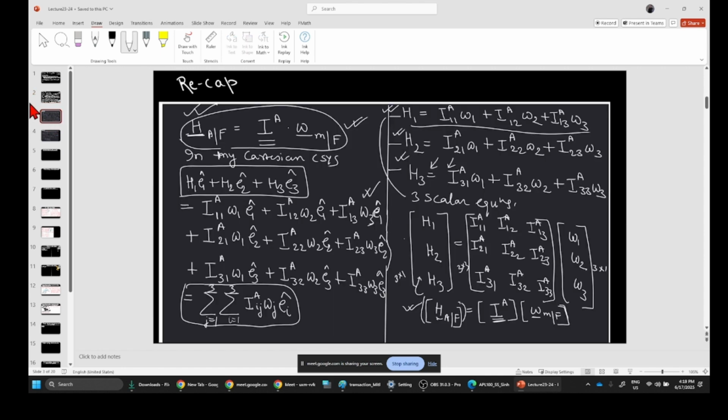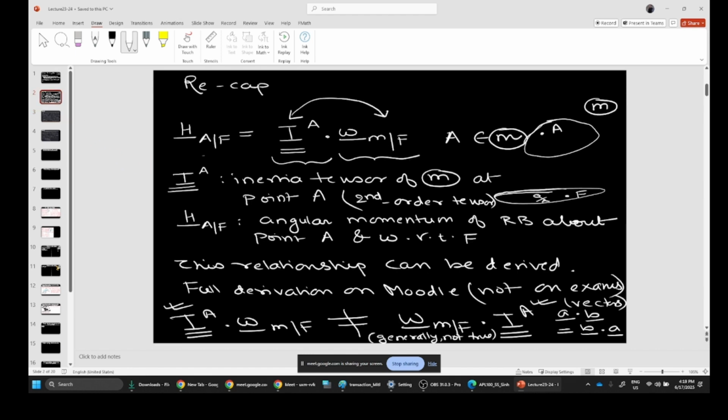Okay. Then in the last class itself, I tried to perform this dot product operation between this second order tensor and the vector, and I used a Cartesian coordinate system for this operation. It's all recap, I'm just trying to help ourselves remember what we did last time.